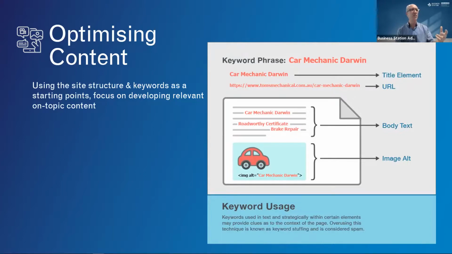So I put that into the title of that page, into the URL of that page, into the body text of that page a couple of times at least. I might also have some associated terms, like, for example, roadworthy certificate, brake repair, and have links to those service pages. And then I put the keyword in the alt tag of the images. And that's really what you need to do from an SEO perspective.